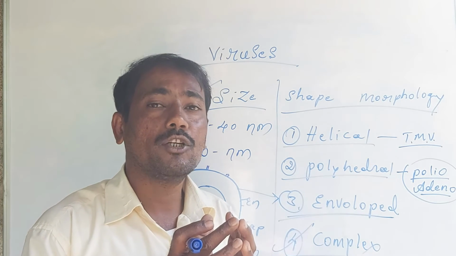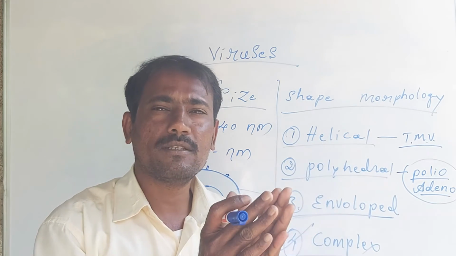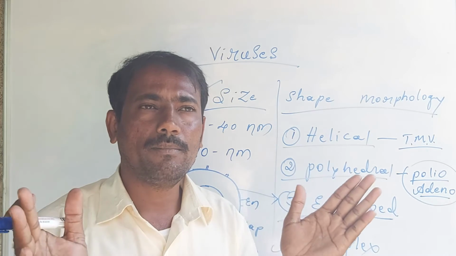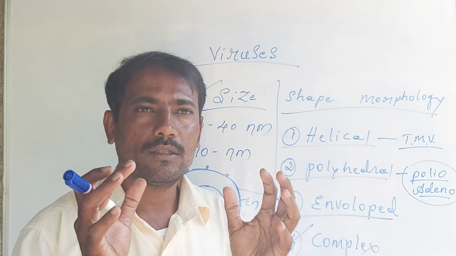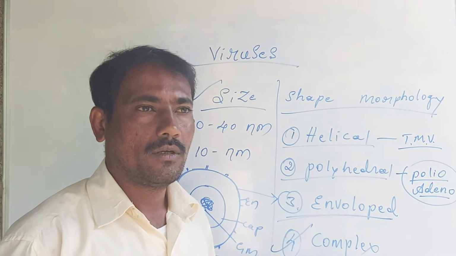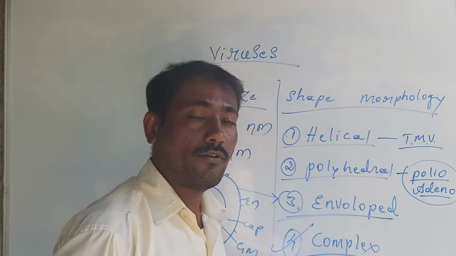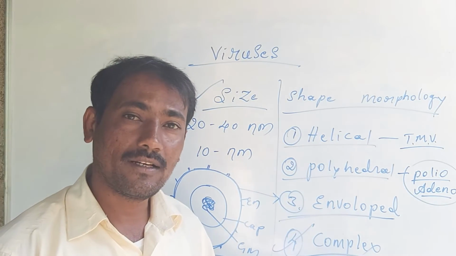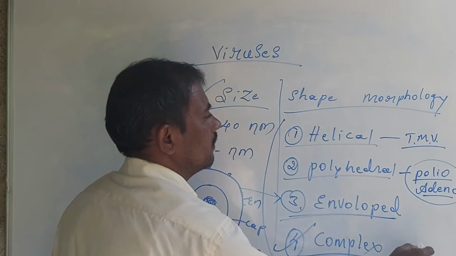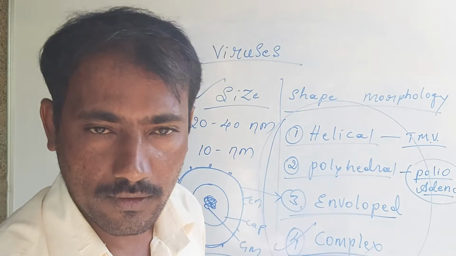The majority of bacteriophages, the viruses which infect bacteria, almost all of them, usually appear in a complex form. So the complex morphological form is another group of viruses. So these are the four different morphological forms of the viruses.